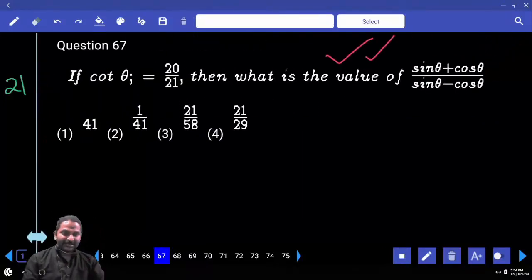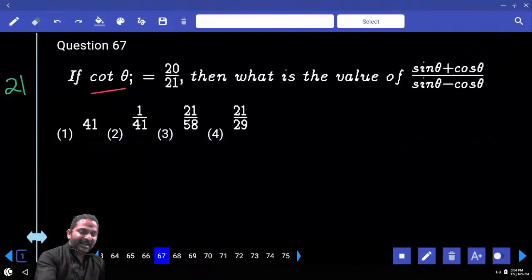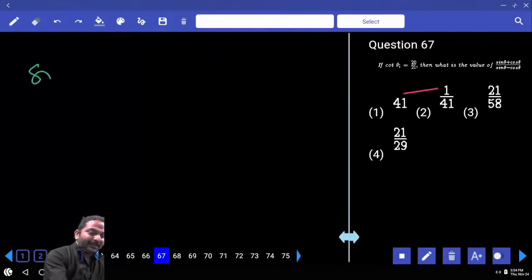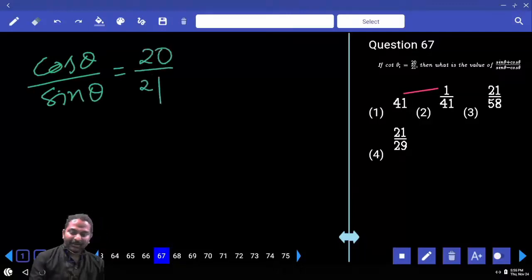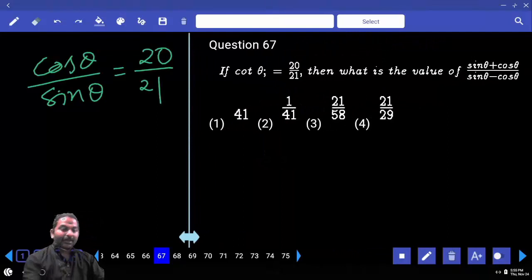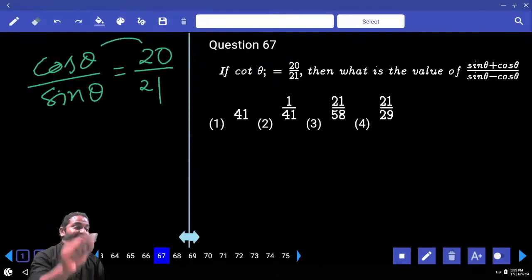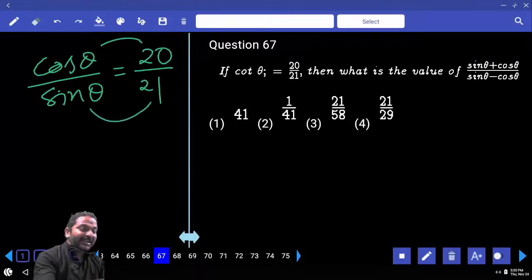Otherwise, look at this. Cot theta in the sense, can I write it as cos theta by sin theta, which is equal to 20 by 21? Can we write like that? Now I will take cos theta is equal to 20 parts, sin theta is equal to 21 parts.